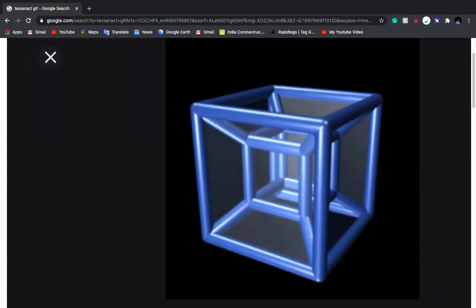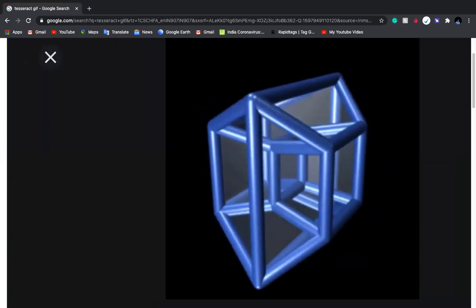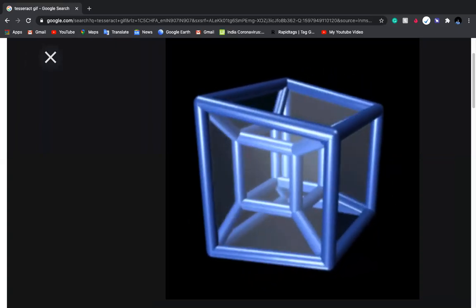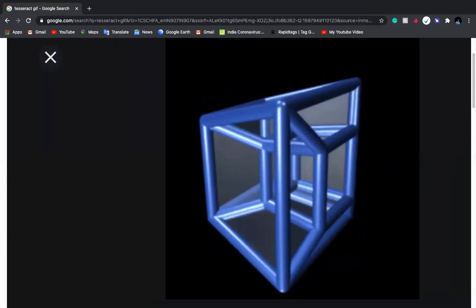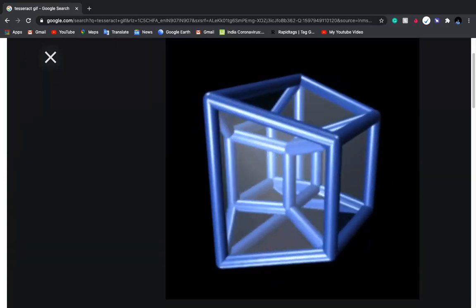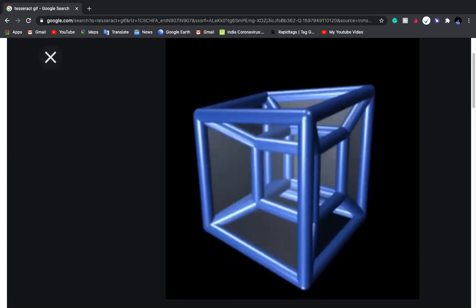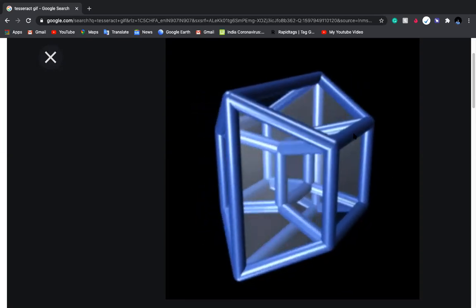So this is a legit representation of it in three dimensions, because it has some depth, and it is just compressing the dimensions. Yeah, it's confusing because your brain is just used to the world of three dimensions. Let's just go ahead now.